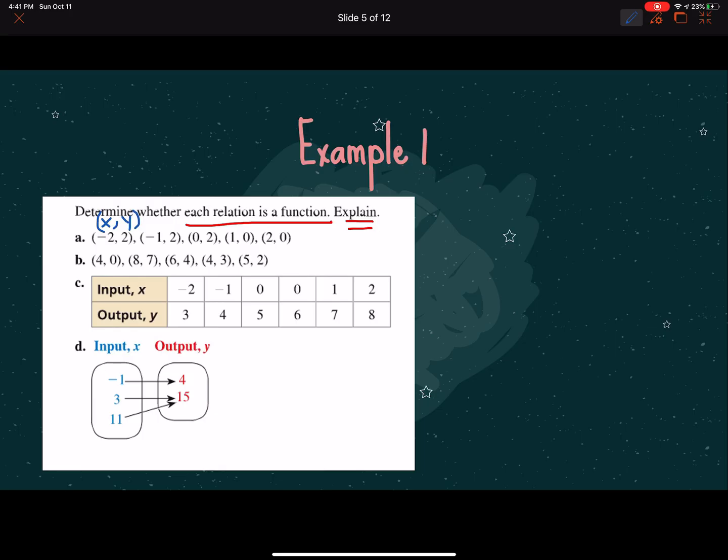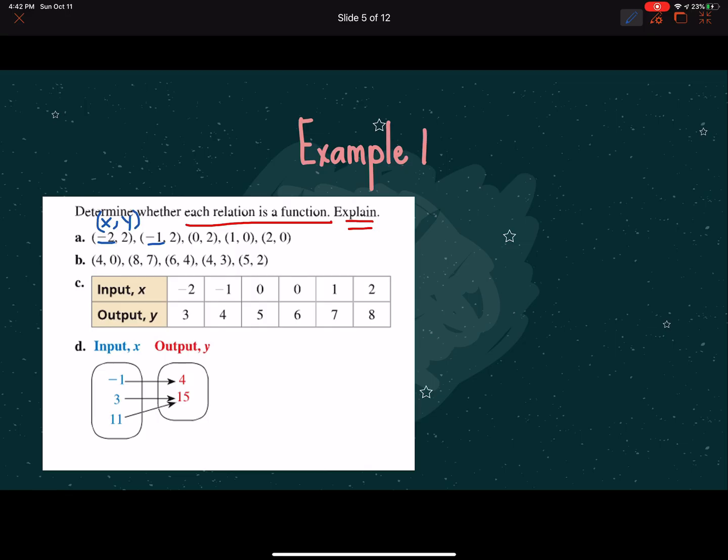So if I were to look at each one of these ordered pairs, I need to make sure that each input has exactly one output. That's what makes it a function. In the first ordered pair, I have a -2 for my x value. The second ordered pair has a -1.